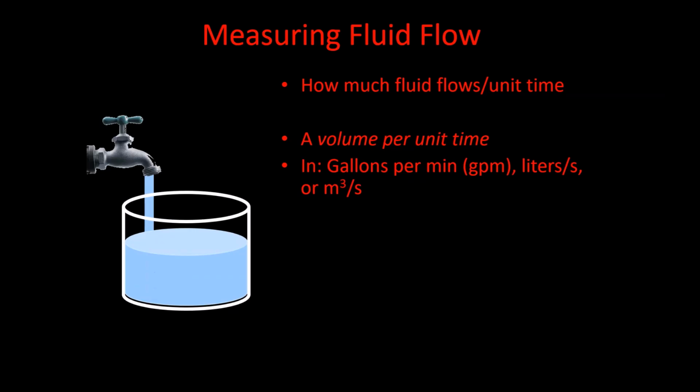Generally, if we're doing SI calculations, we'll try and put ourselves in the realm of liters per second, or usually cubic meters per second, liters to cubic meters being a nice conversion factor. Gallons per minute is quite a common civilian measure. So this is referred to as a volume flow rate.